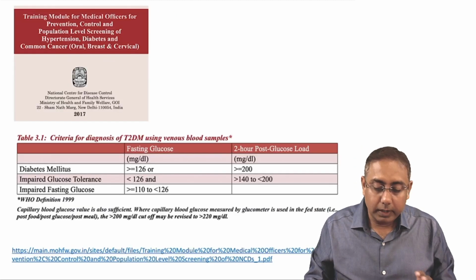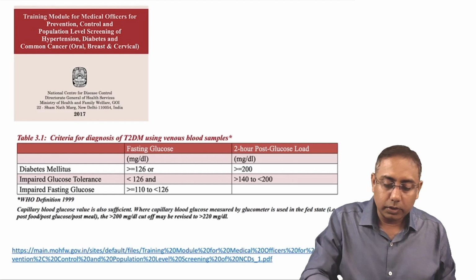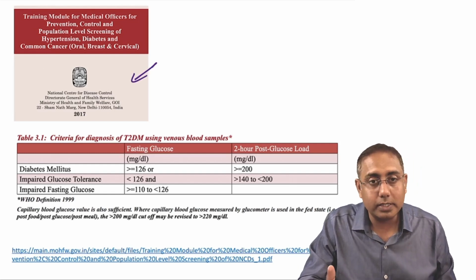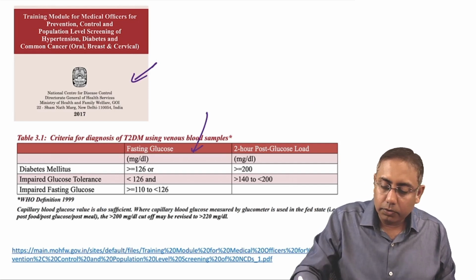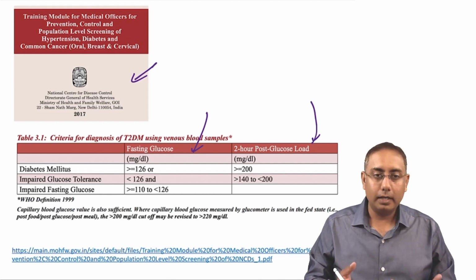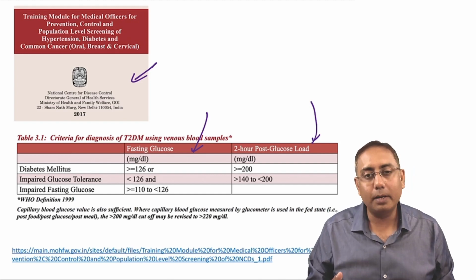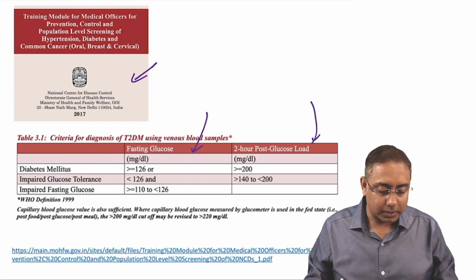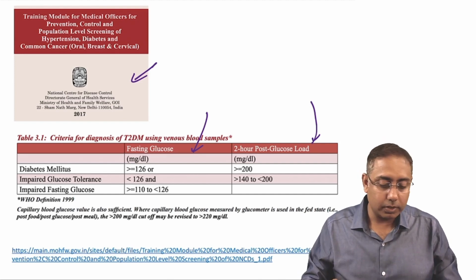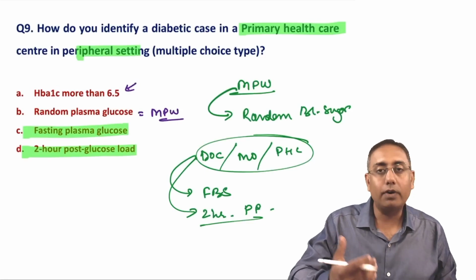If you talk about the doctors training module, the training module for the medical officers, which was last in 2017, the fasting blood glucose and the 2-hour post glucose test are taken as the criteria for diagnosis of type 2 diabetes from the venous blood samples. So that is the final diagnosis on how you screen for diabetes.